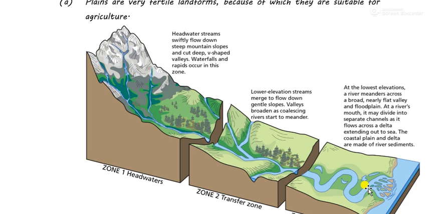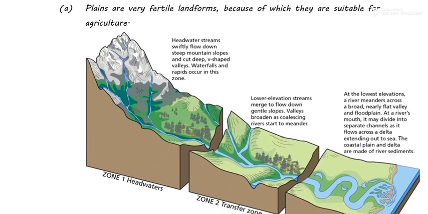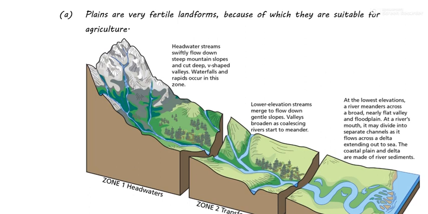Now, because of this factor, people started to settle in the plains, because as a human being, a person tends to settle wherever he finds his livelihood, right? So because of good agriculture, the population of the plains is also pretty much higher than plateaus and mountains.